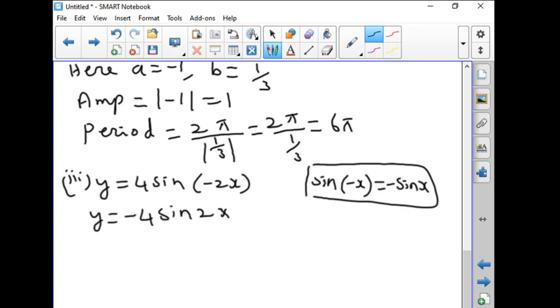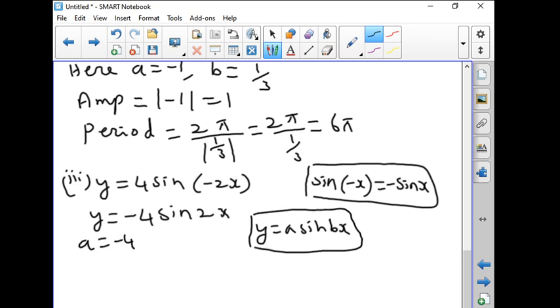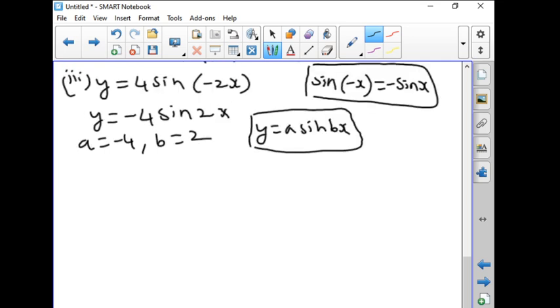So what is a? Comparing with y is equal to a sin bx, we get a is equal to minus 4 and b is equal to 2. So now what is the amplitude?